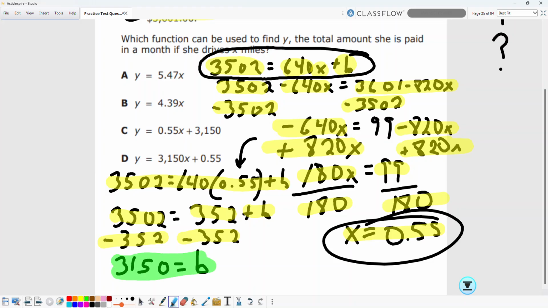So what I'm going to do is go back and look at my answers. And I want to remember, I know what my y is. I know what the m is.